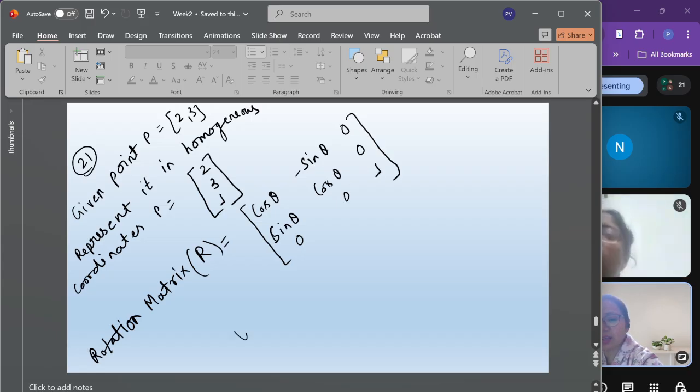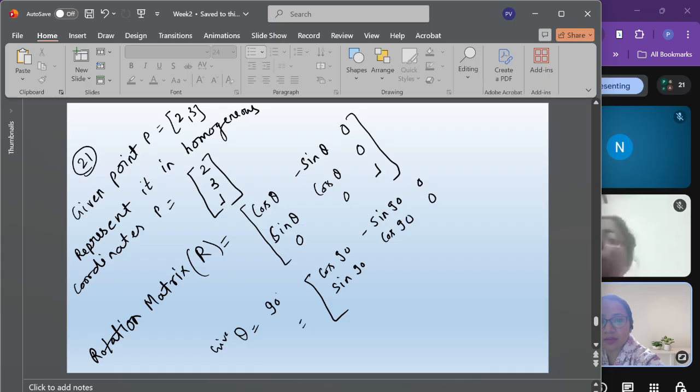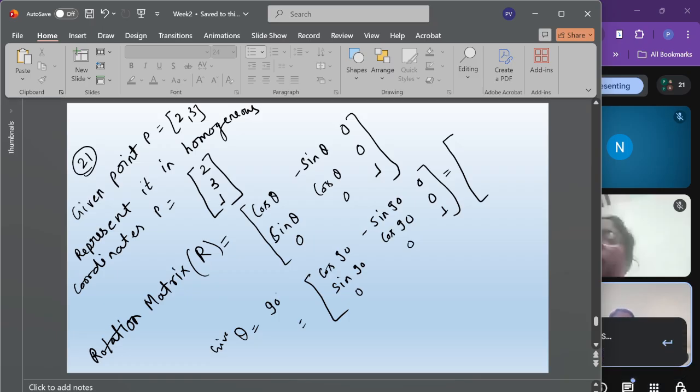The angle theta is given as 90 degrees. So if we put it here: cos 90, minus sin 90, 0; sin 90, cos 90, 0; 0, 0, 1. So what is the value of cos 90? Are you solving it or not?